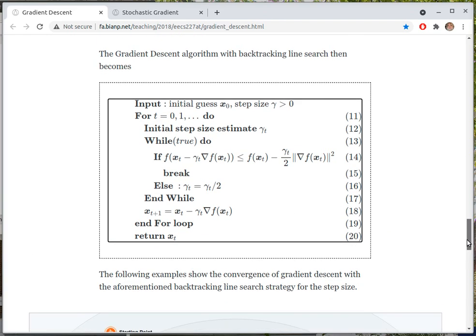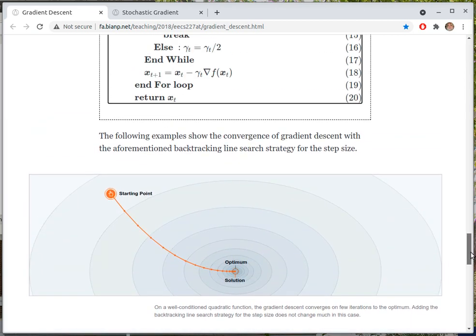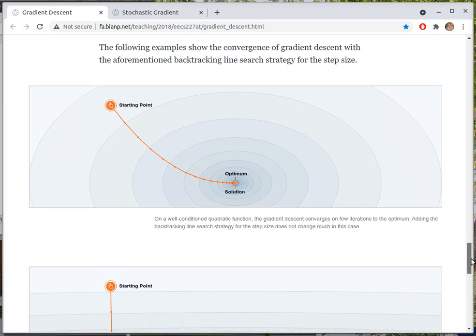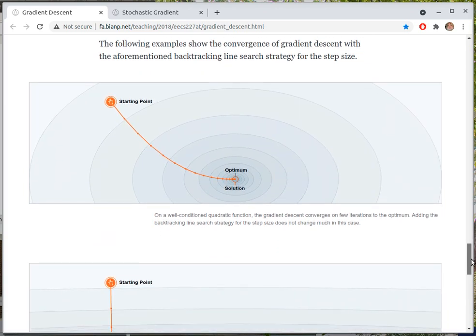But let's see if we can finish this up. So here's a nice, you'll see this in the MATLAB code. The backtracking line search strategy works pretty darn well for most nice functions. And most of the functions we're going to be using are fairly nice. So once you get into some of the thousands and thousands of parameters, then it starts to get a little trickier.